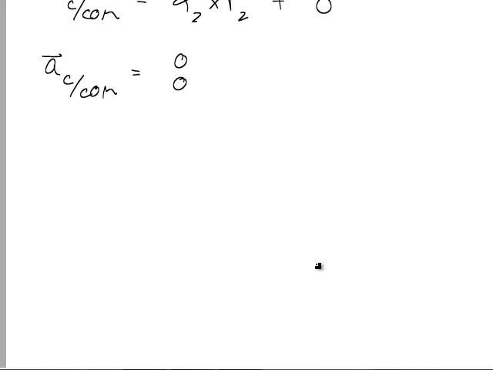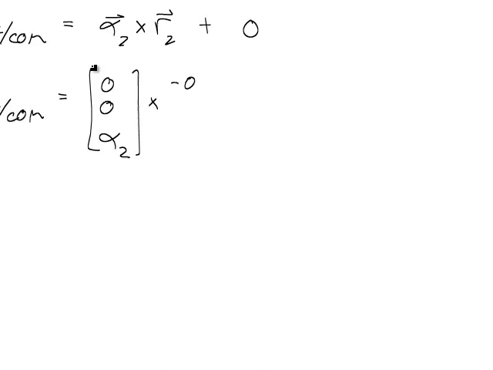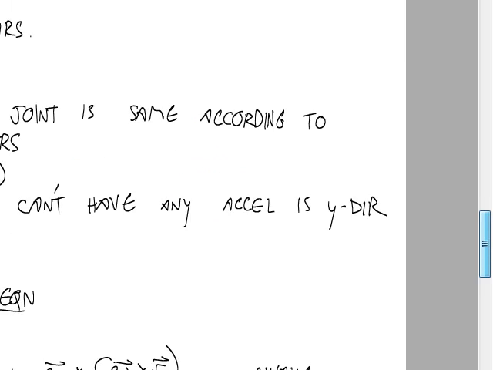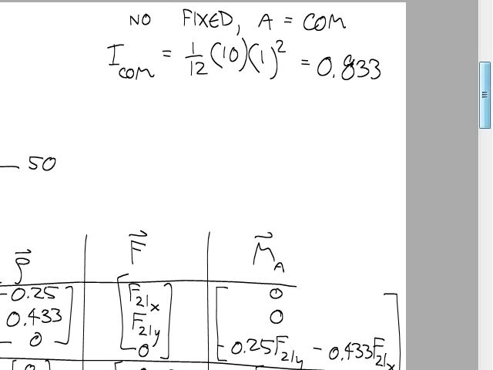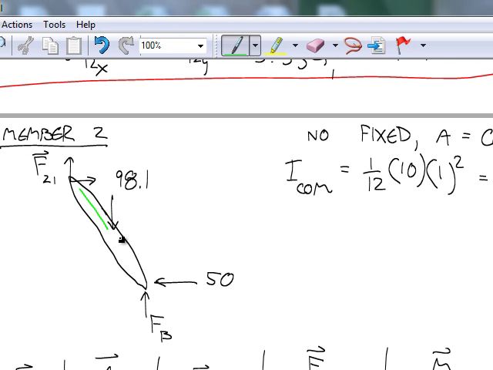And what's the vector going from the center of mass of body 2 to the point C? This is going to the point C, so the vector we want is this vector. Okay, that's R2.